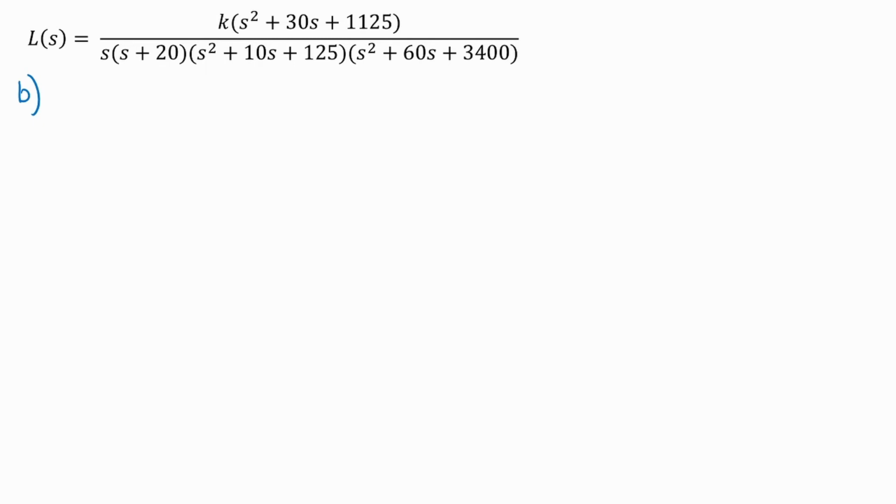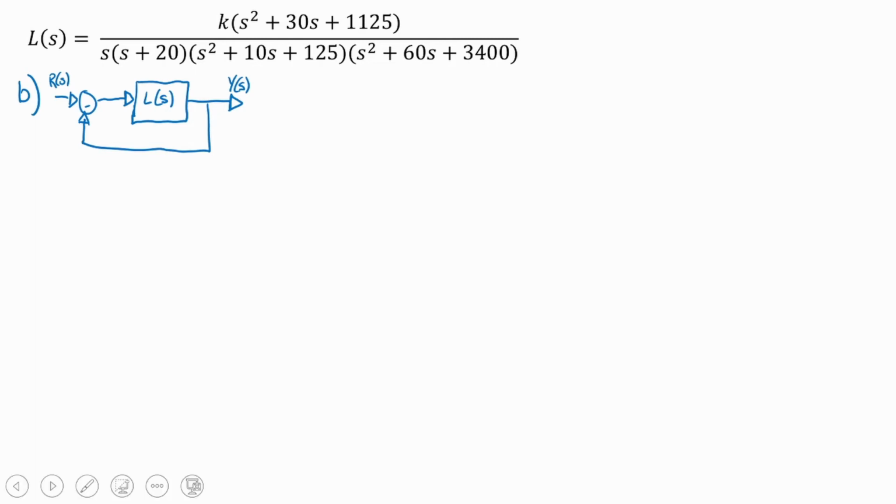So we're going to start out, we know we have our transfer function. Okay, and so we're going to do a closed loop transfer function of this big system up here.